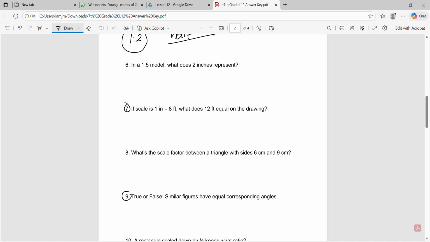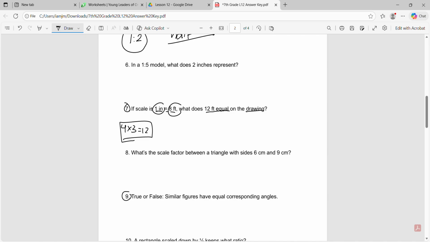Number 7. If the scale is 1 inch equals 8 feet, what does 12 feet equal on the drawing? This is the drawing. This is the actual length. Well, we'll divide 8 by 2, since putting 4 into 12 is more visual.